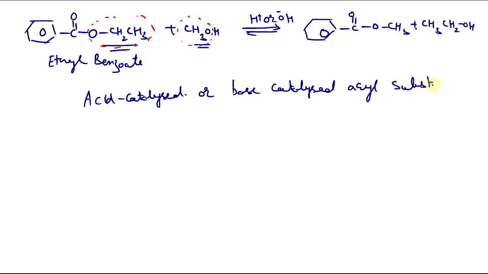Basically it is a nucleophilic acyl substitution reaction. It is a typical example of nucleophilic acyl substitution reaction which is catalyzed by acids or bases. Now let us discuss the mechanism one by one.